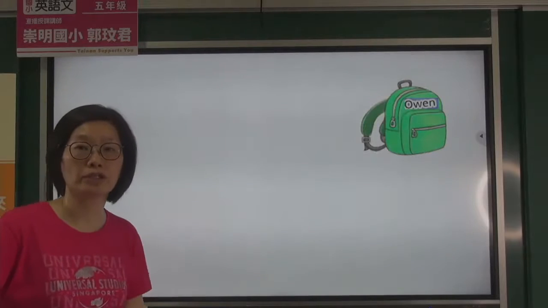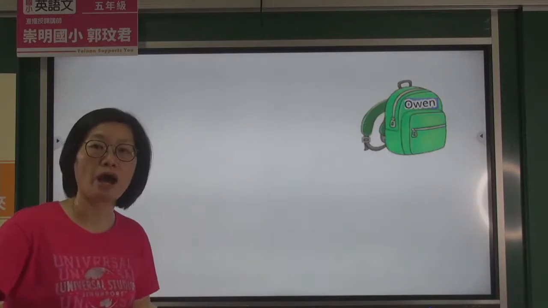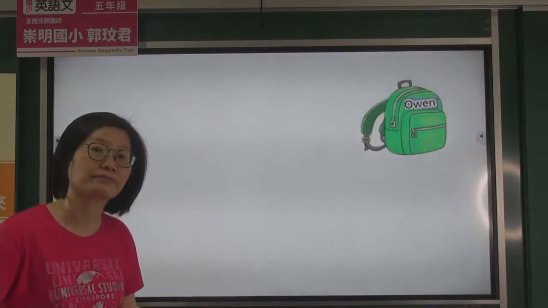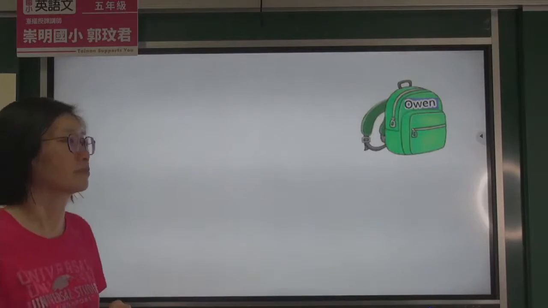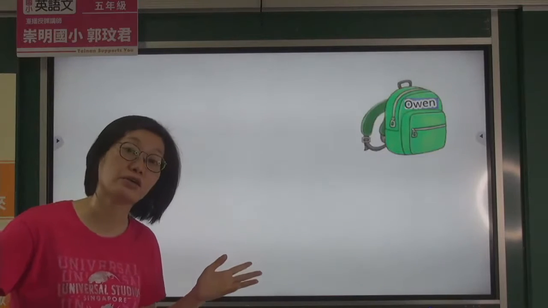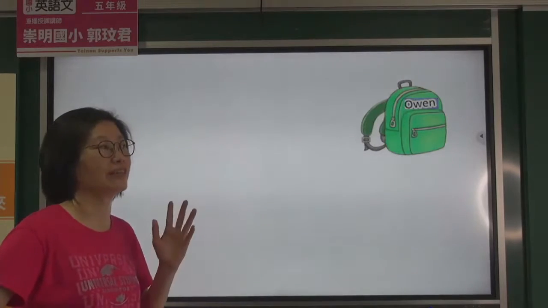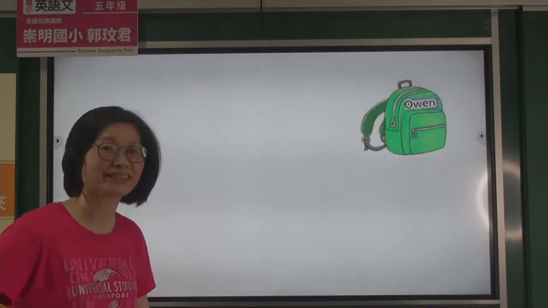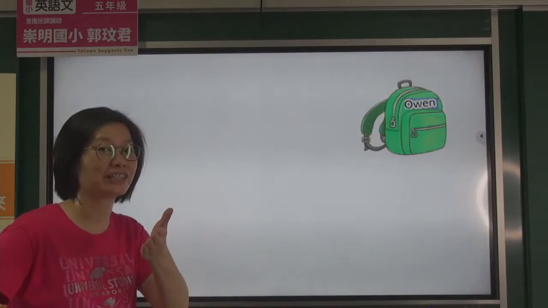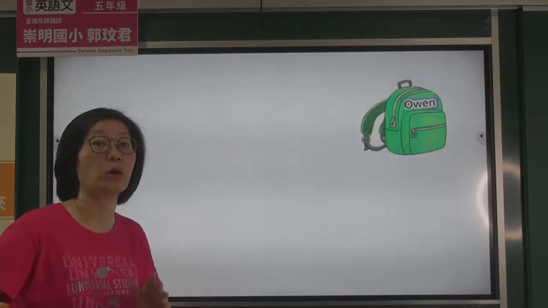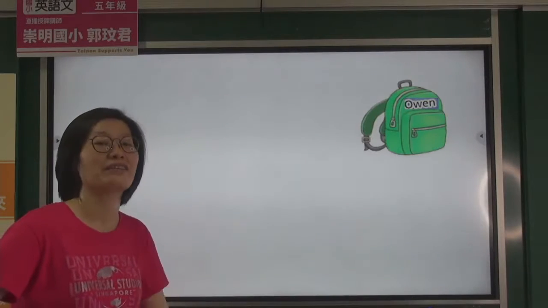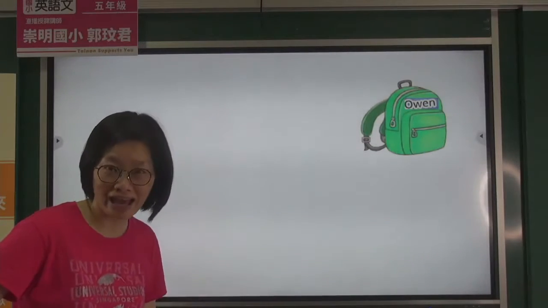All right, there's a picture on it. So, how do you describe this picture? Okay, you can say it's a green bag. You can say it's Owen's bag. Or it's Owen's green bag. Or there is a bag.